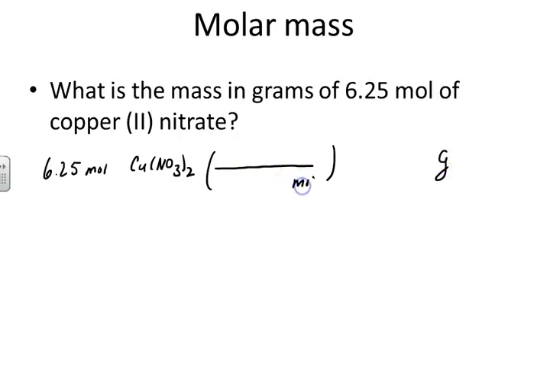We want to cancel moles. We want to go for grams. Anytime we've got grams, we have to go to the periodic table and add. So we've got 1 mole copper according to the formula. We've got 2 moles of nitrogen. And we've got 2 times 3 or 6 moles of oxygen.